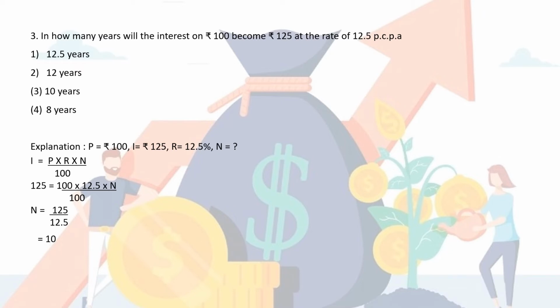So n is equal to 10. Okay, the decimal was below, so we have moved the decimal point up, so it becomes 0. Now 10 years is the third alternative, so you will circle the third, darken the third circle, third option, that is 10 years.